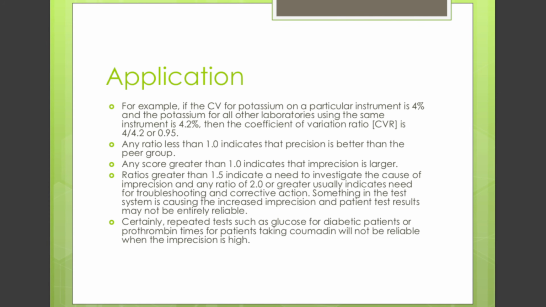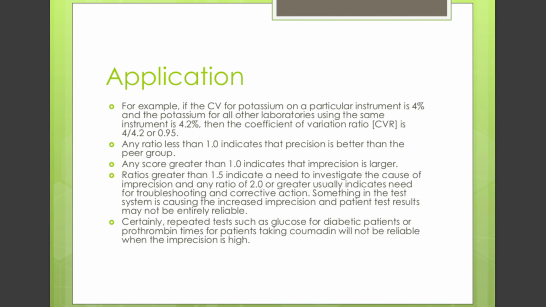So what is the application of this? For example, if the coefficient of variance of potassium on a particular instrument is 4%, and the coefficient of variance for potassium for all laboratories using the same instrument is 4.2%, then the CV ratio is 4 over 4.2, which equates to 0.95.